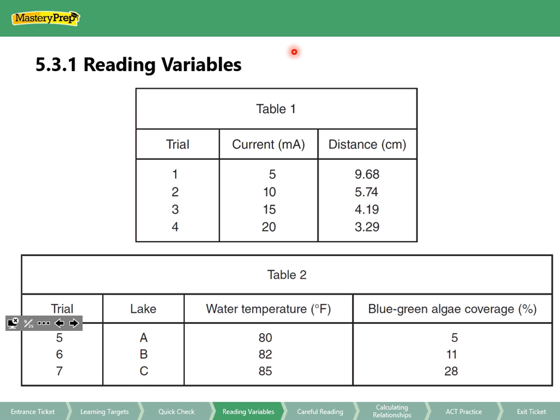Let's see here. So we have current and water temperature. Discuss the relationship between the different columns with the class. So table 1. So we have trials, current, and distance. So what can we say about that?